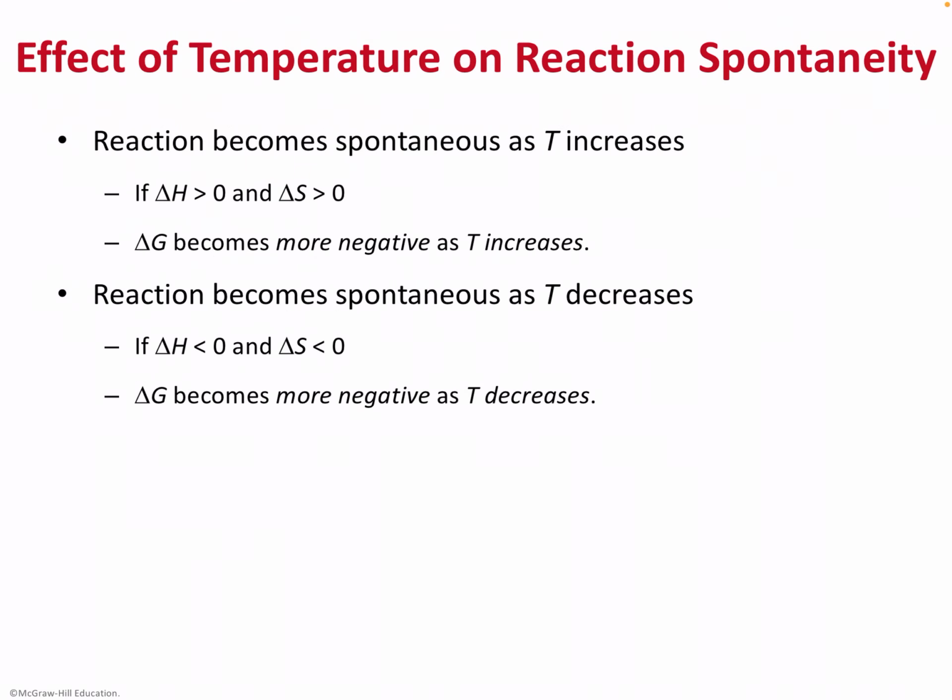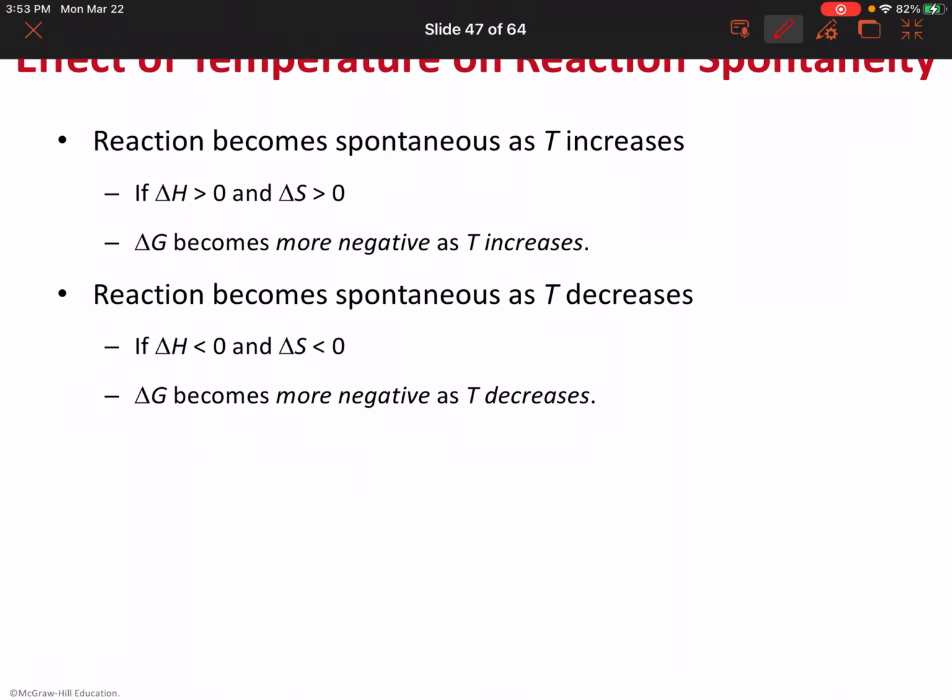Effect of temperature on reaction spontaneity. Another one: the reaction becomes spontaneous as the temperature increases if delta H is greater than 0. Remember our equation: delta G equals delta H minus T delta S. Delta H is positive, and delta S is also positive.